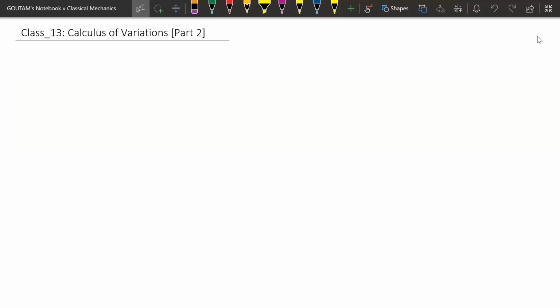In the last class, we talked about the calculus of variations. There we learned that if a particle goes from point 1 to point 2, then the path is given by y.